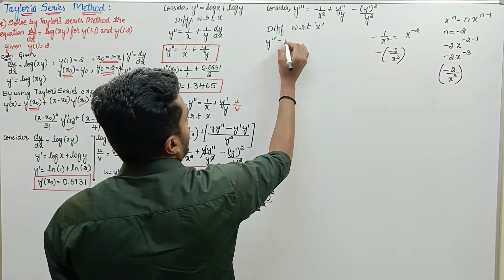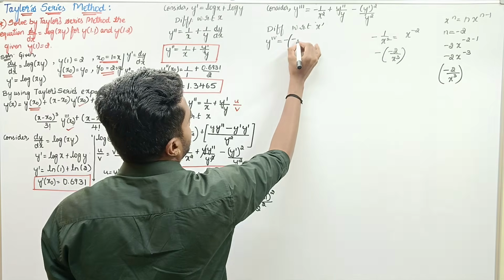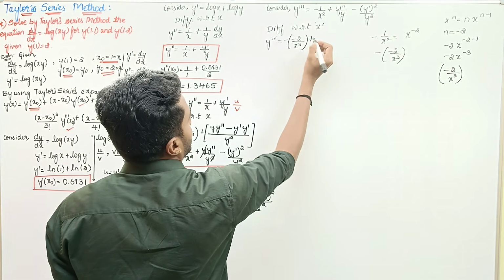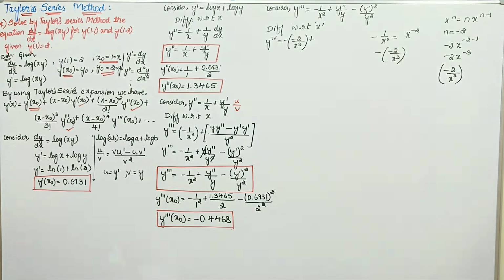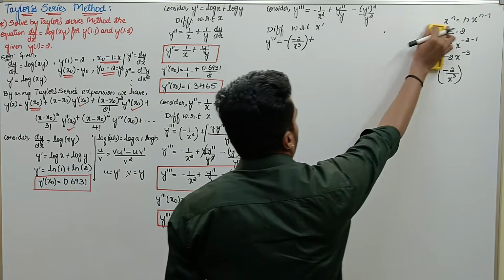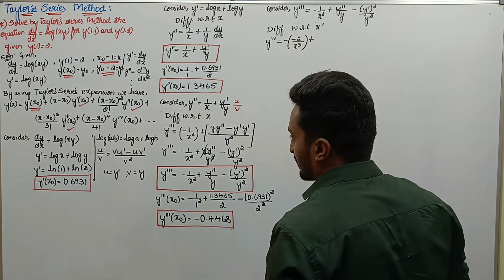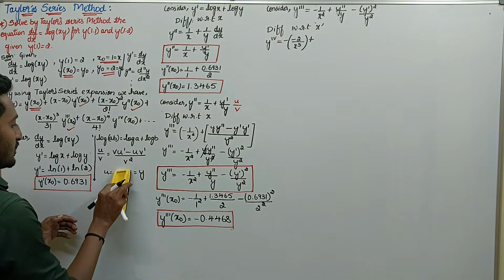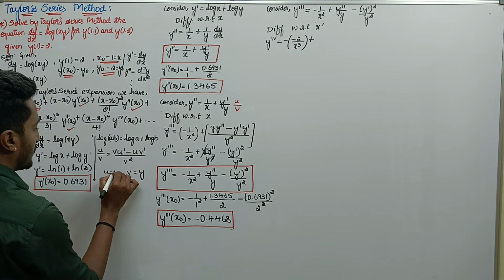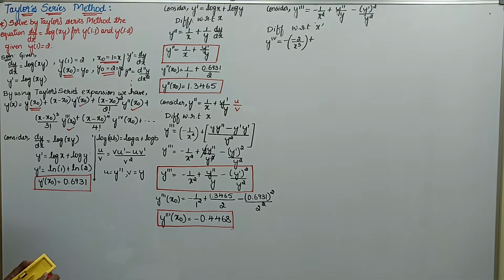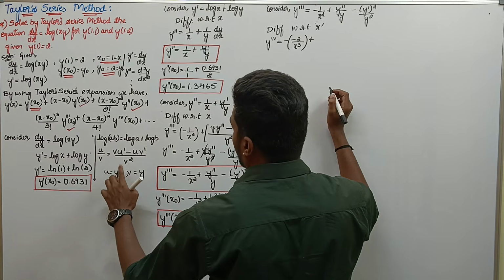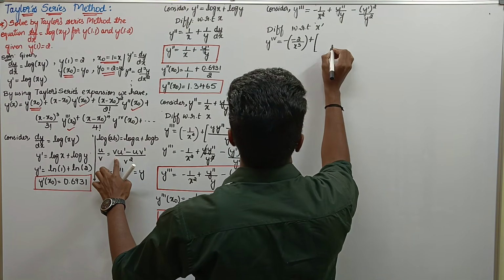That is minus of minus 2 by x cube plus, now u by v rule formula. What will be u? U will be y double dash and v will be y. Simplify as it is in the condition. Use the brackets.